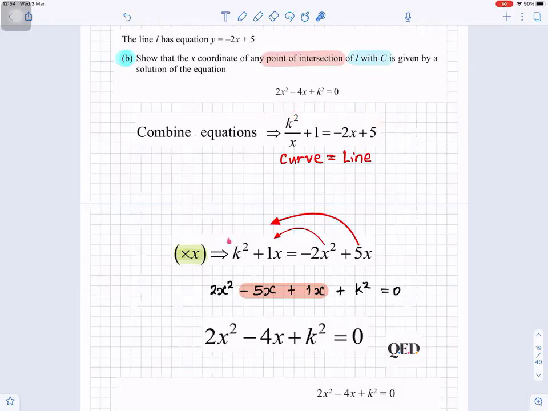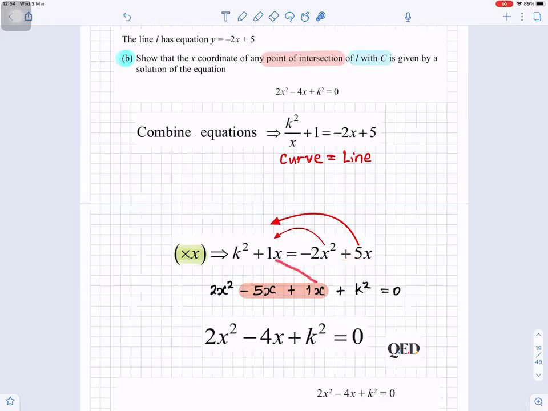So that will give us k squared plus 1x equals minus 2x squared plus 5x. And we take minus 2x squared to the left, take 5x to the left. Minus 2x squared goes to the left, it becomes plus 2x squared. Plus 5x goes to the left, it becomes minus 5x.